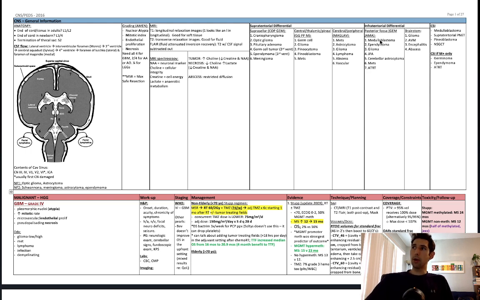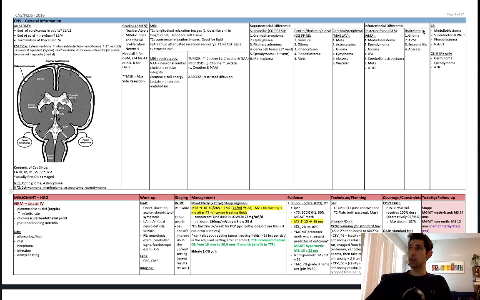Infratentorial differential, posterior fossa, is GEM-JAMA. You can remember this as medulloblastoma, ependymoma, glioma, JPA, cerebellar astrocytoma, METS, and ATRT.